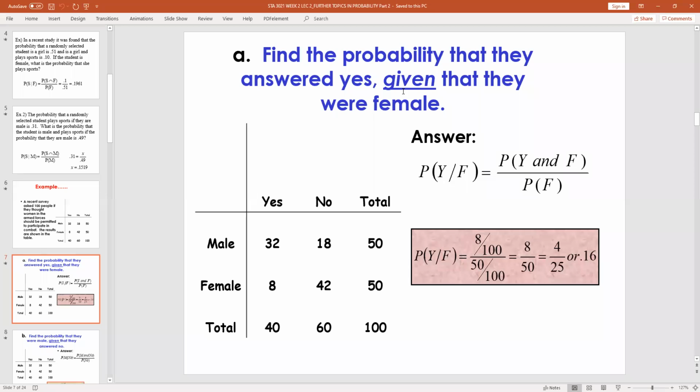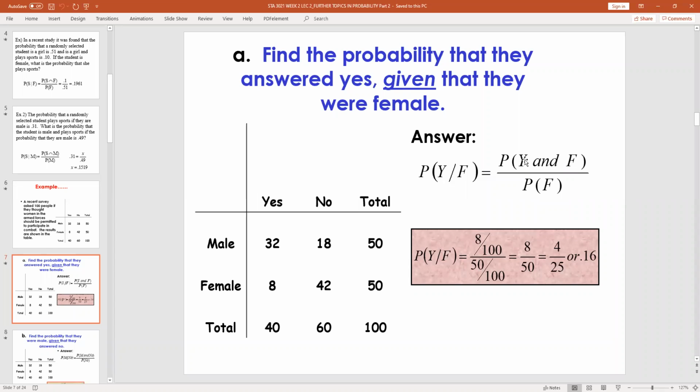Okay, and that is what I put right here. Of course, Y here is representing yes, and F is a symbolic notation for female. Of course, if I have this one now, then the formula that should come to my mind is actually going to be this. That's going to be the formula I'm going to use.